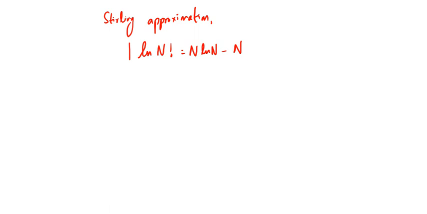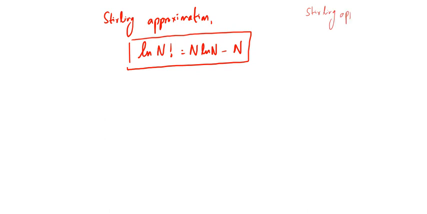So this is Stirling's approximation. Let me write this on the side because we need it. Stirling's approximation: ln n factorial is n ln n minus n.